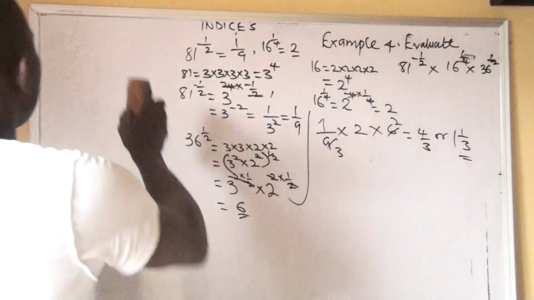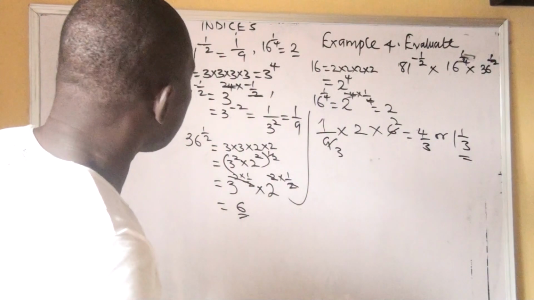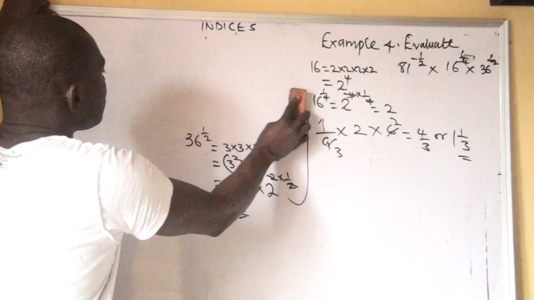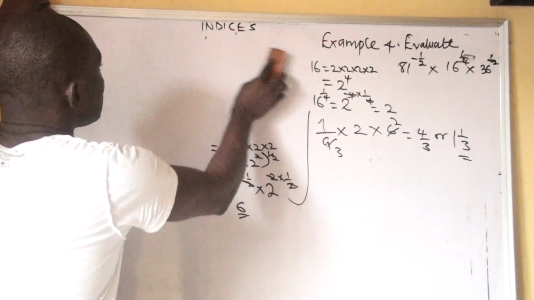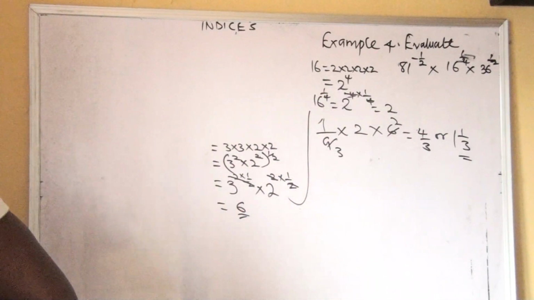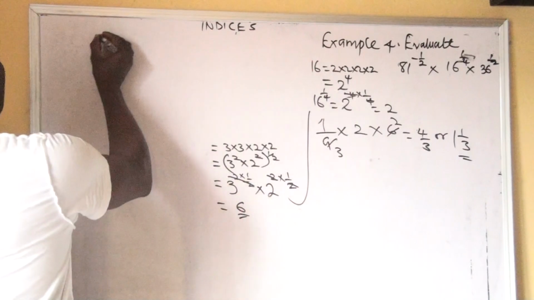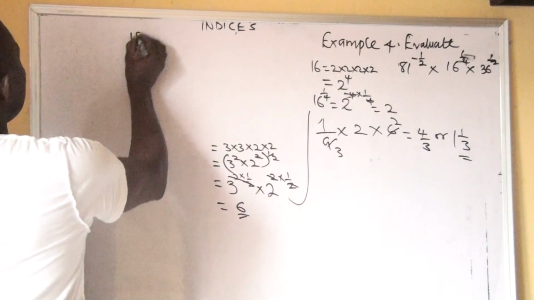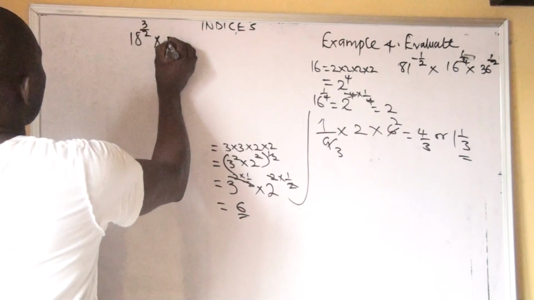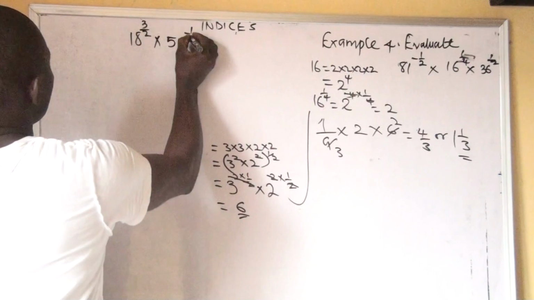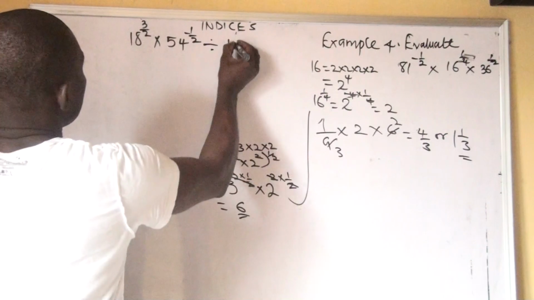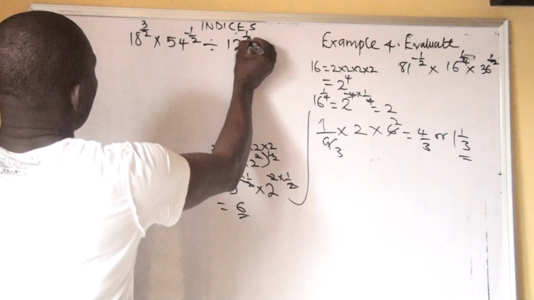Okay, so let's look at this example here. You see, evaluate 18 raised to power 3 over 2 times 54 raised to the power minus half, divide 12 raised to the power half.